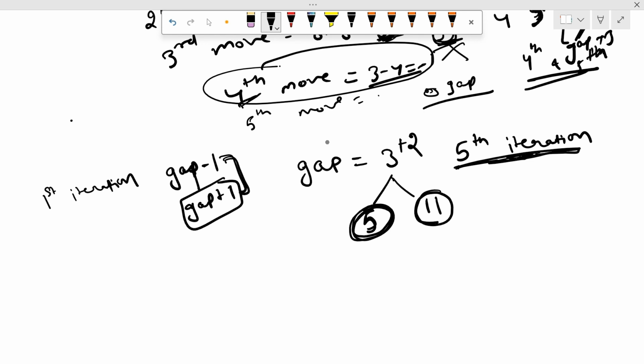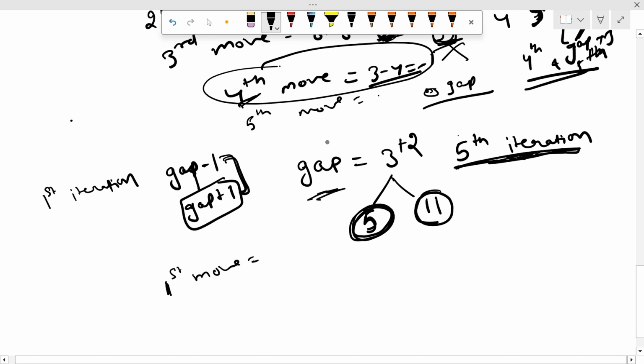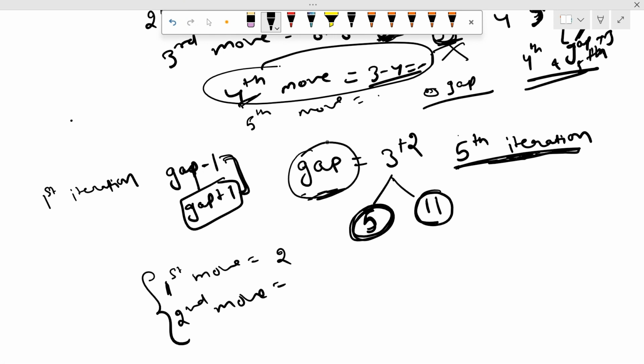So what can we do? In the first move, we can increase our gap by 2. In the second move, after all iterations, we talk about this gap, we can increase by 4.